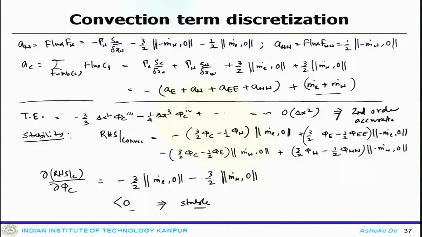So, with the second order upwind scheme, you can come out of those problems with both the central difference and the upwind scheme, and this particular scheme, the SOU scheme, is not only stable, it also gives you second order accuracy. Now, in a similar direction, one can devise another scheme which we will call the QUICK.